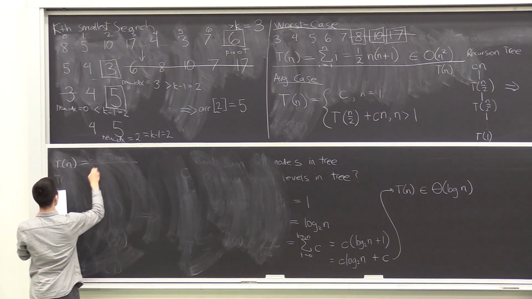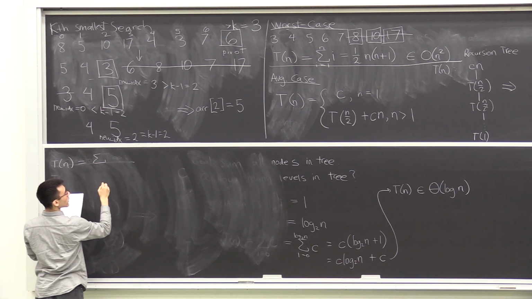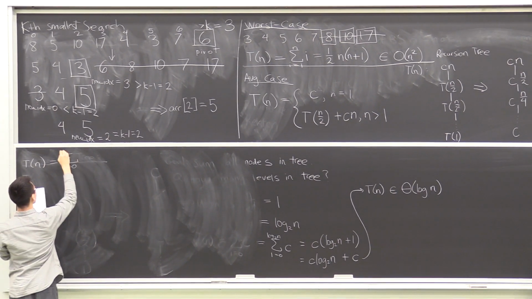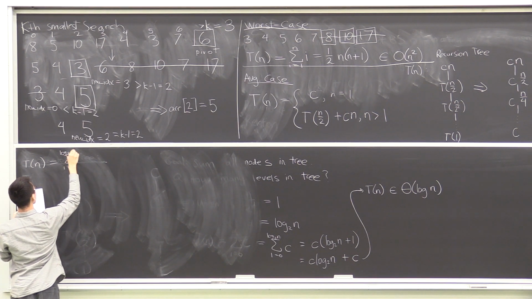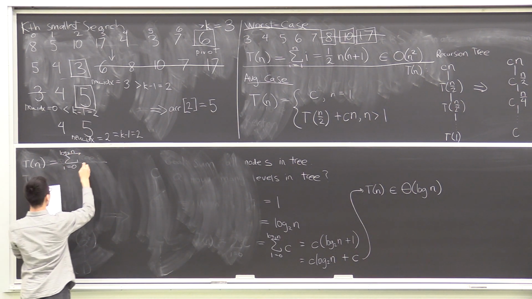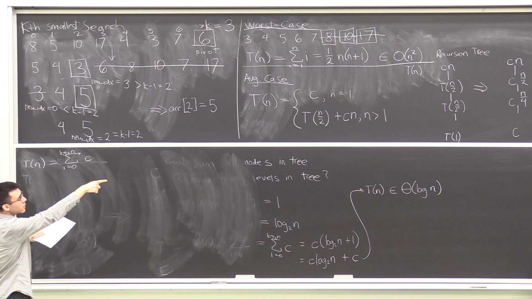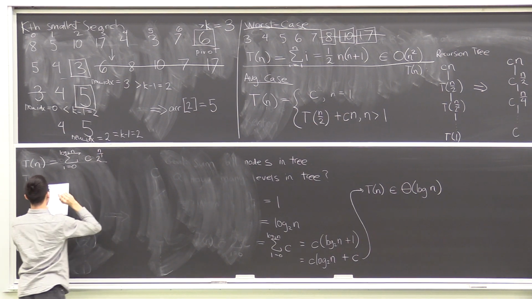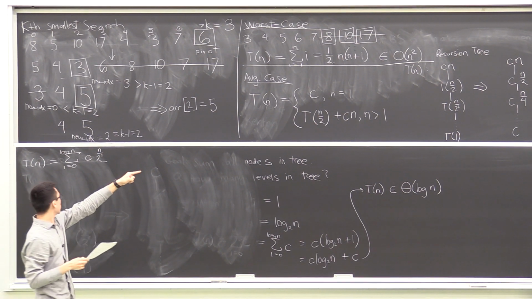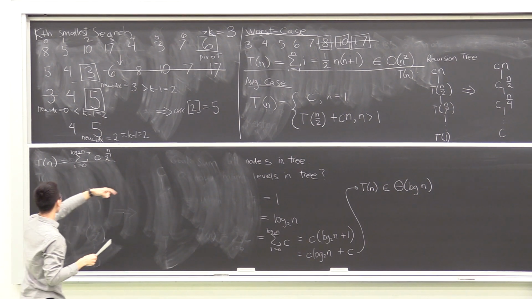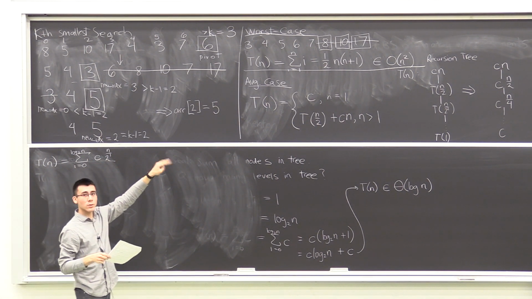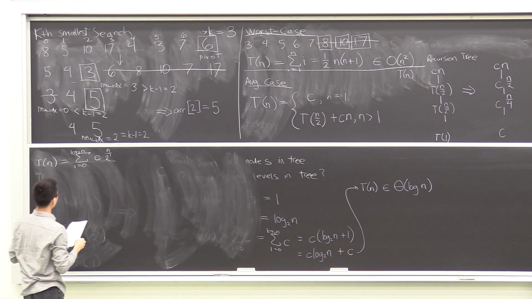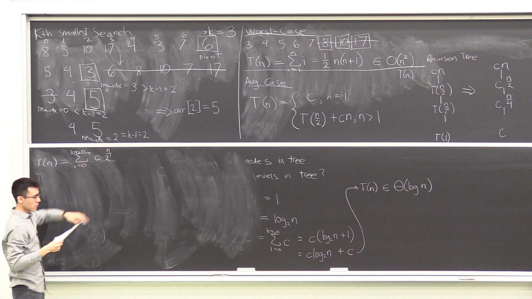Okay, so T of n is going to be the sum from i equals 0 to log base 2 of n of c times n over 2 to the i, right? Because for the first one, 2 to the 0 is 1. So you have c times n, then c times n over 2 to the 1, and so on, until you get c at the very end. So this is what we want to compute.